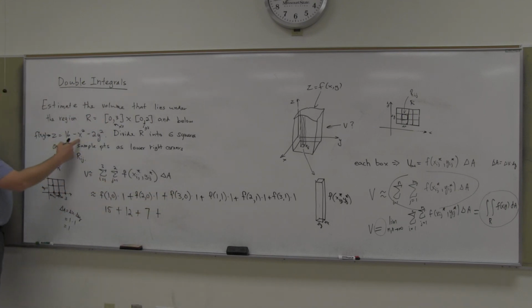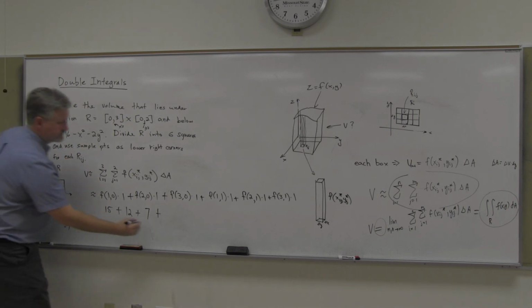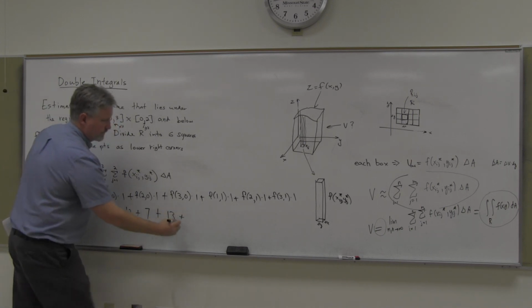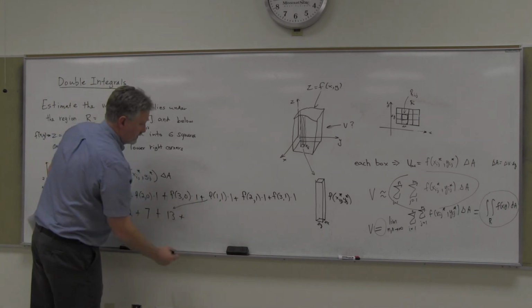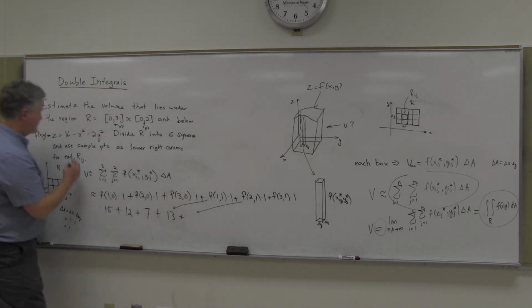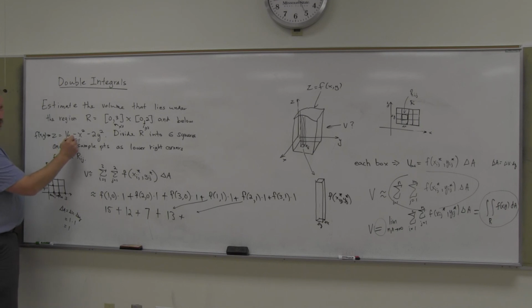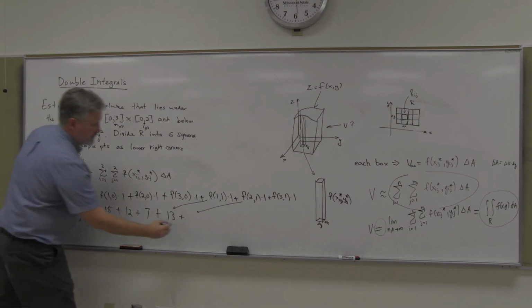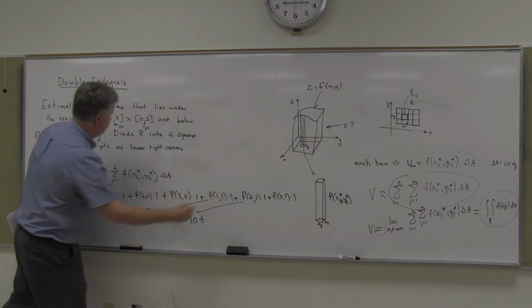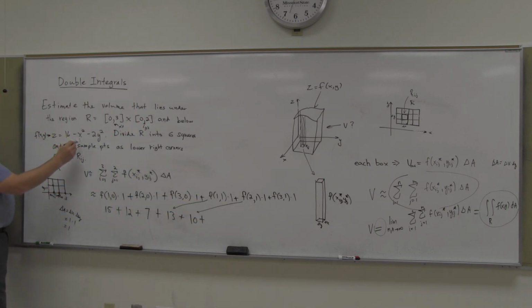For 1, 1, x is 1, y is 1 for the next one. So it'd be 16 minus 1 minus 2, is that 13? For 2, 1, x is 2, so that'd be 16 minus 4 minus 2, 10. And last but not least, 3, 1, so 16 minus 9 minus 2 is 5.